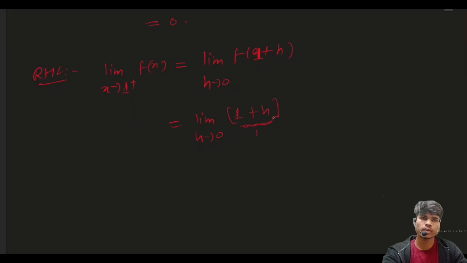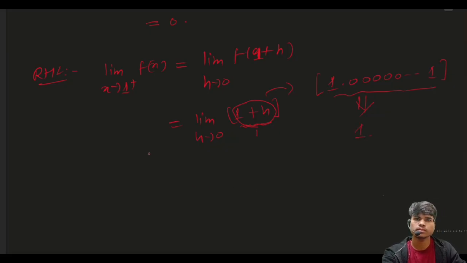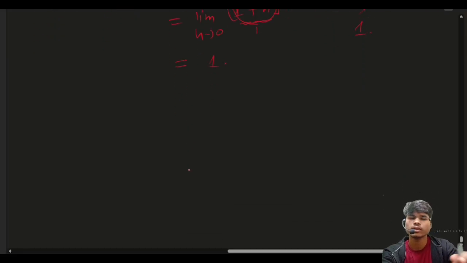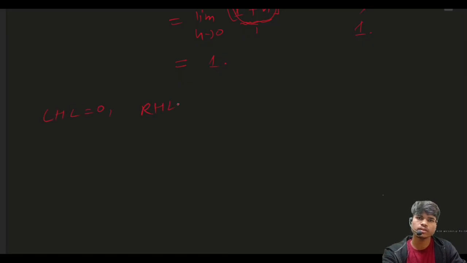So this quantity will always be less than 2, like 1.00000 and so on 1. So by the box property, this quantity is always 1. So the right hand limit will always be 1. Here left hand limit equals to 0, right hand limit equals to 1. So left hand limit is not equal to right hand limit.